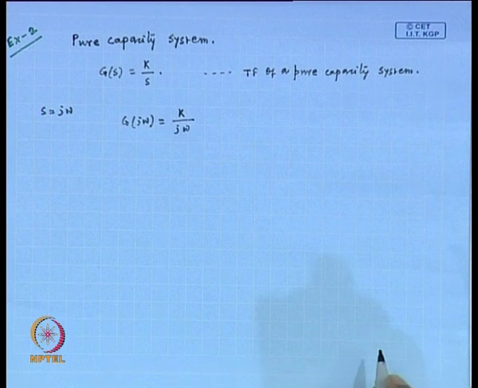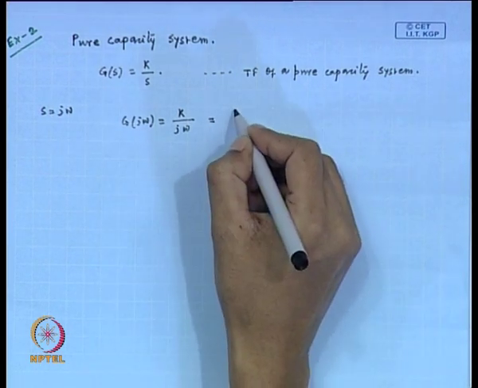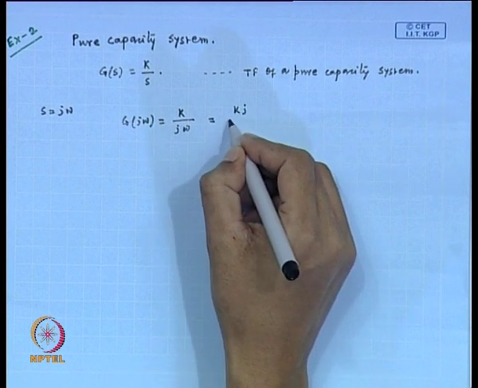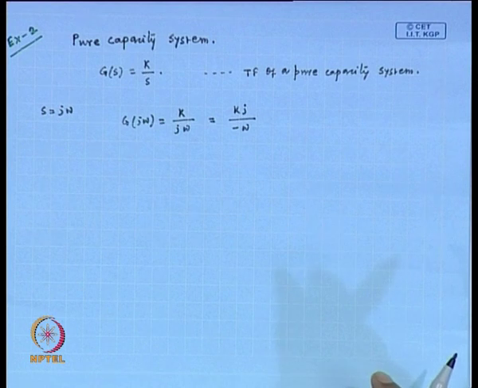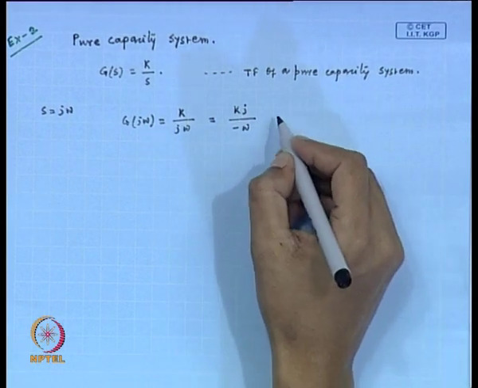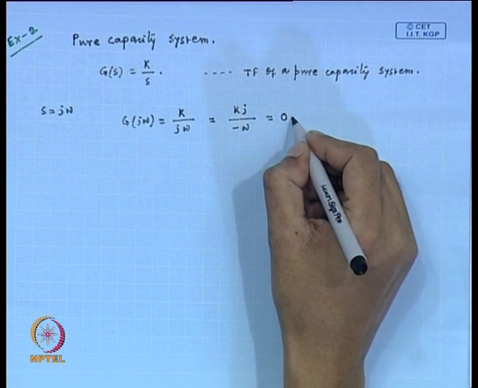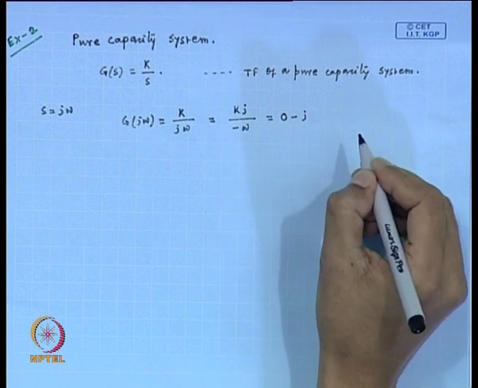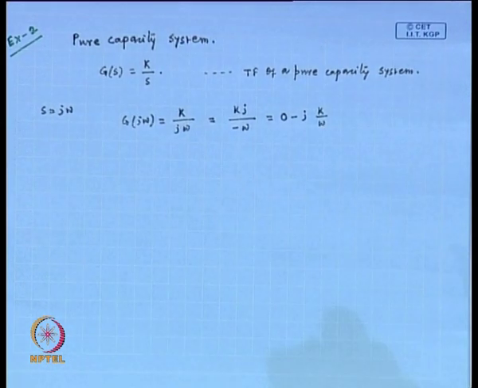Fine. Now, this we can write as K j divided by minus of omega. We have multiplied j in both numerator and denominator. Then we can write as 0 minus j k by omega.